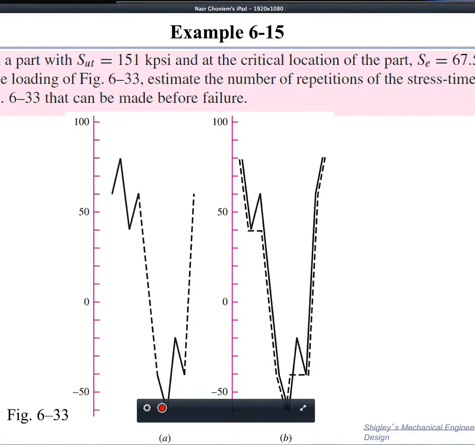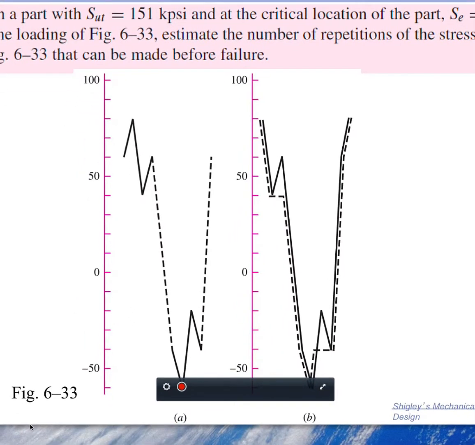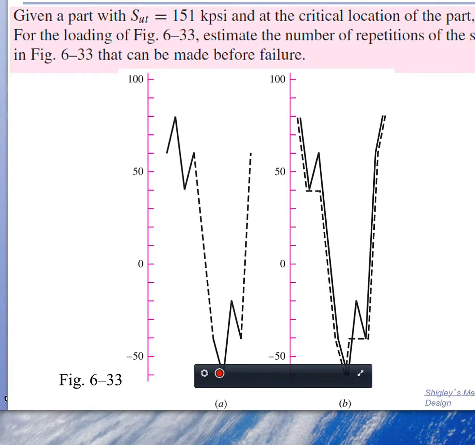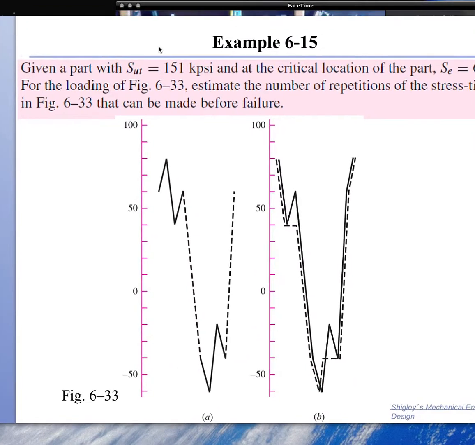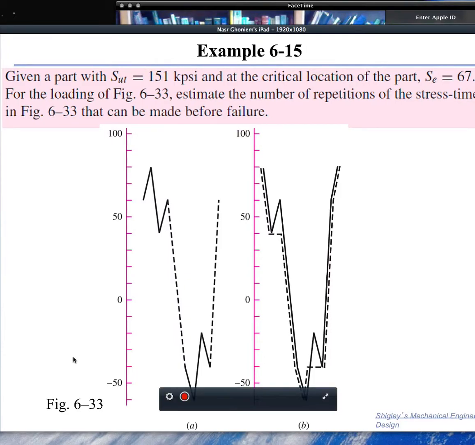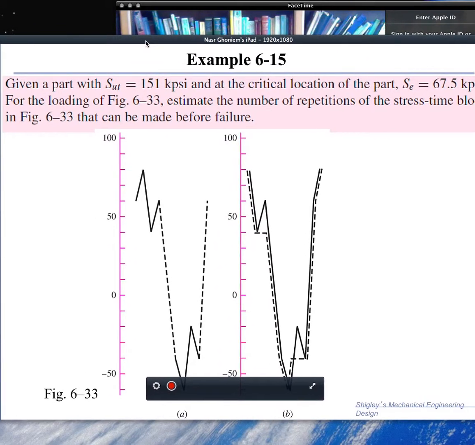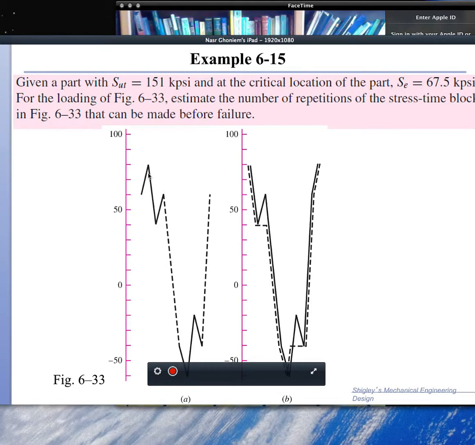the stress cycle is, yeah, here we go. So as you can see, for this example we have two types of cycles, and the two types of cycles are, one of them goes from 60 up to 80, down to 40, and then back up to 60.